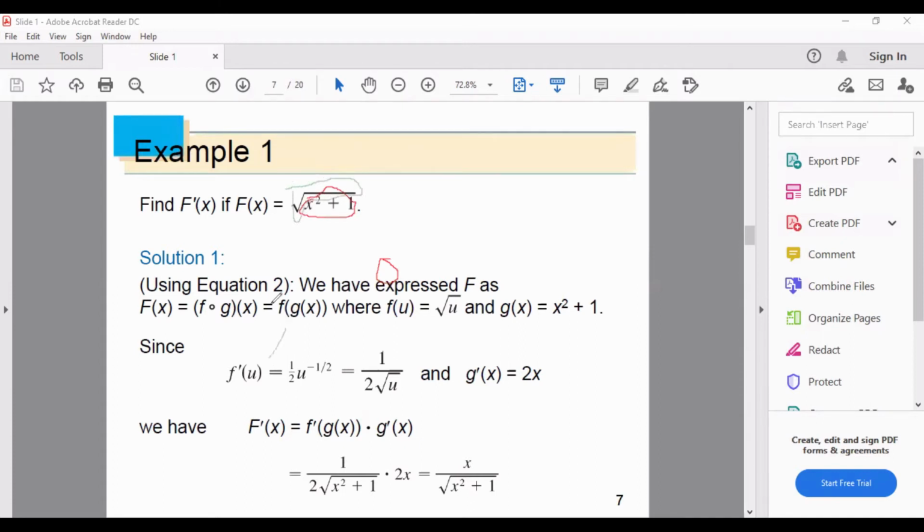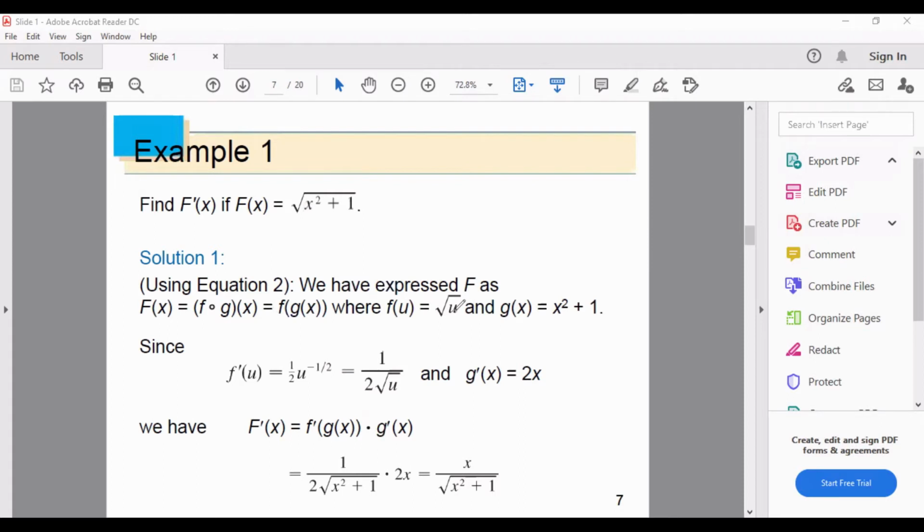Then what is the derivative of the composition? The answer is very easy. The derivative of the composition is, we have to evaluate the derivative of root of the function. Root u is equal to u to the half.